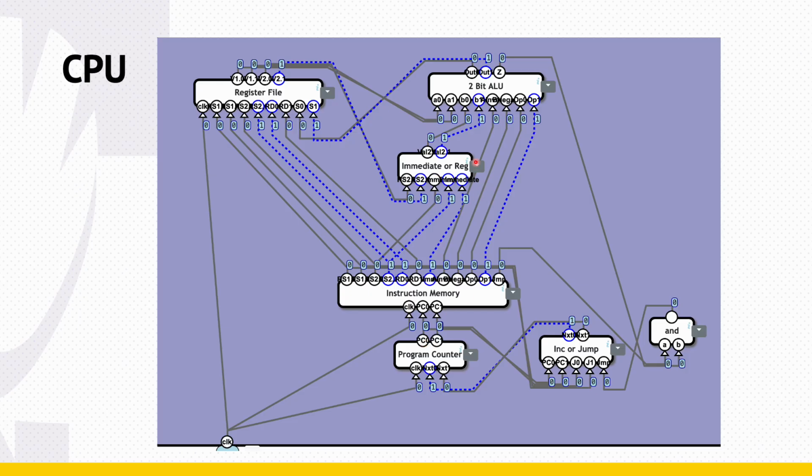So we have this thing called immediate or register, and all this does is select, am I going to use this 2-bit input or this 2-bit input? And that is called a multiplexer.